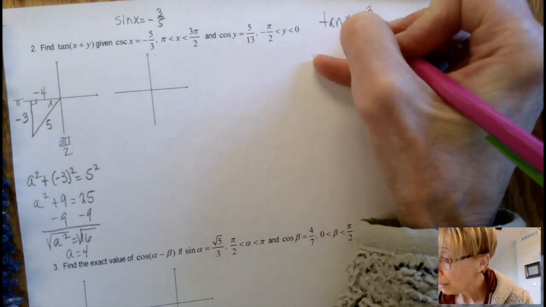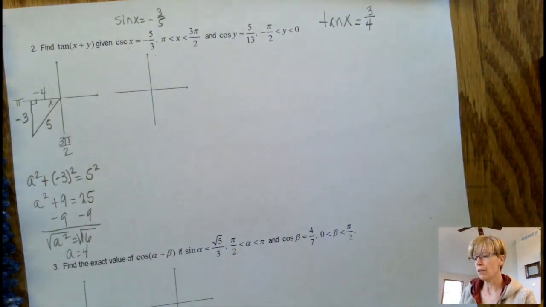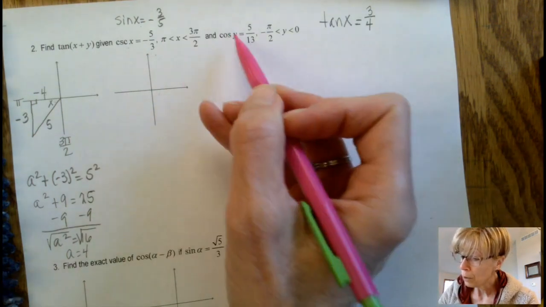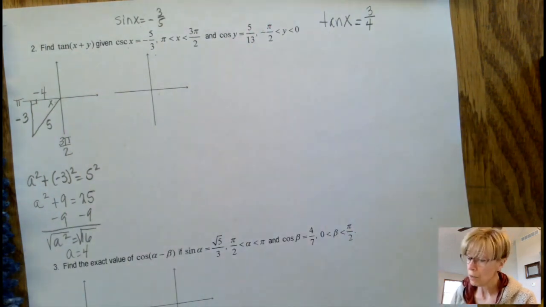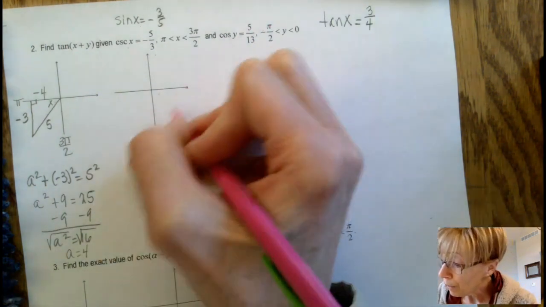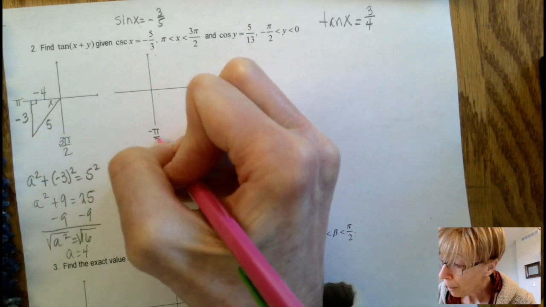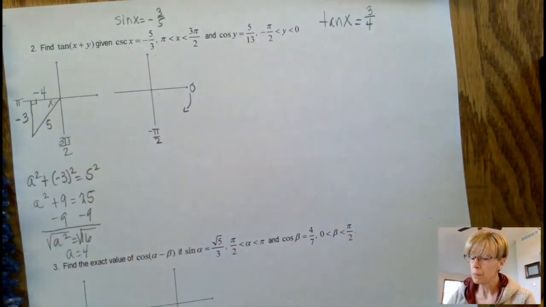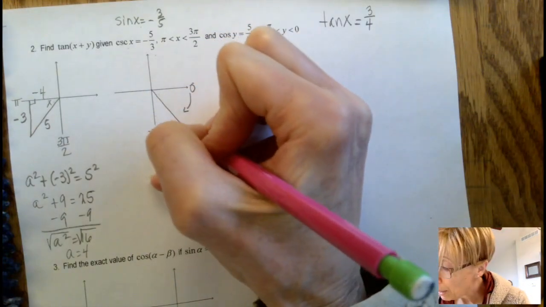And the more you use these, you'll know what that other side is without using the Pythagorean theorem. But I'll call this side B, and then we've got 169. Subtract 25 from both sides, and it equals 144. And then we'll take the square root of both sides, and B equals 12.